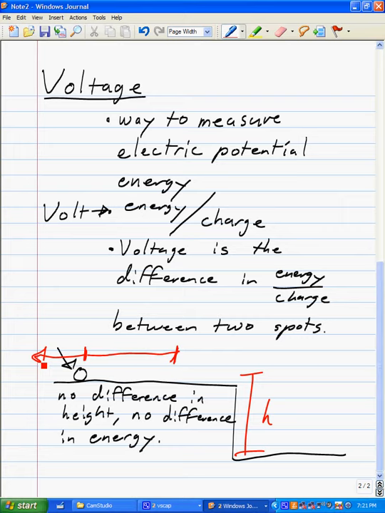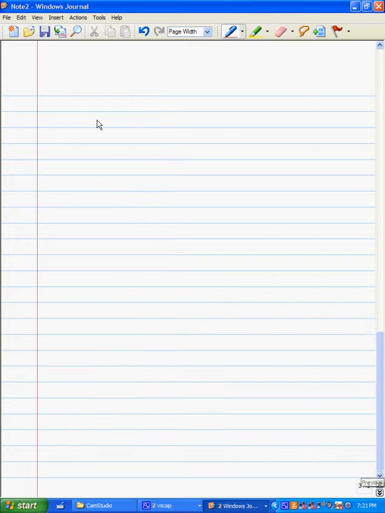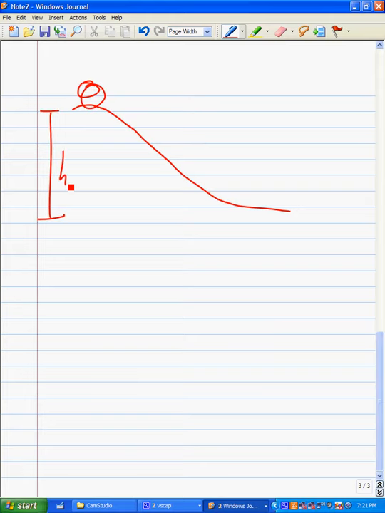So to get the current to flow, or to get the ball to roll, I need a difference in height. I need to have this ball someplace where there's a height here and there's a height here. So now the ball will roll down the hill. There is a difference.